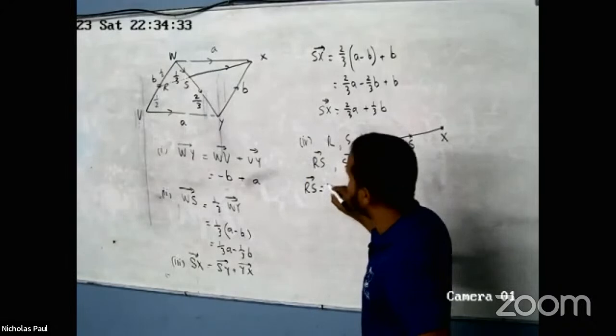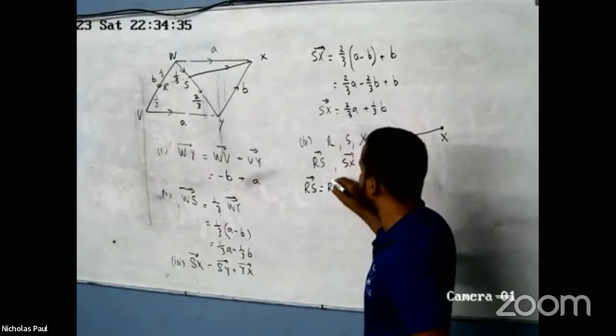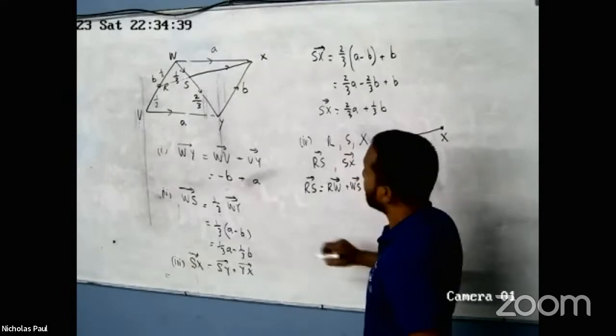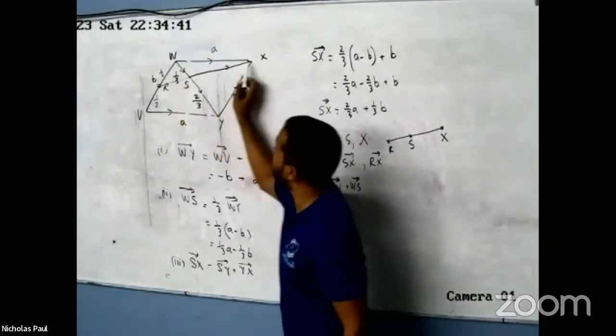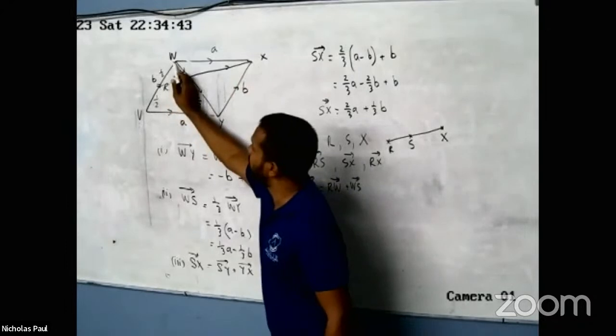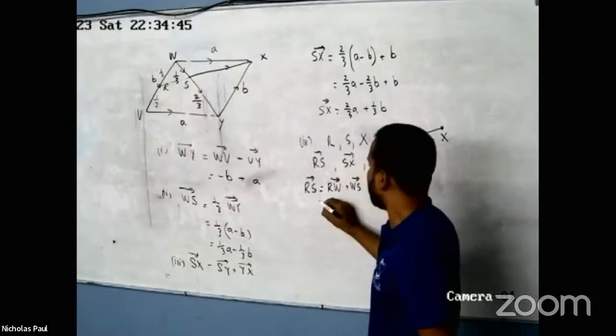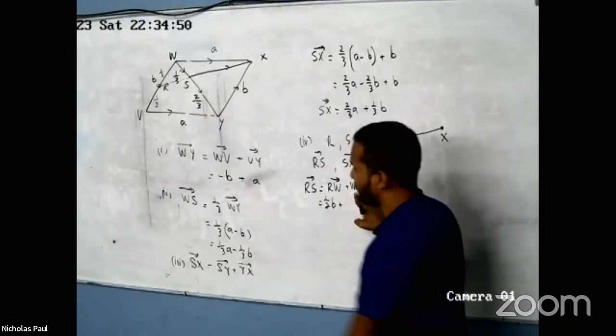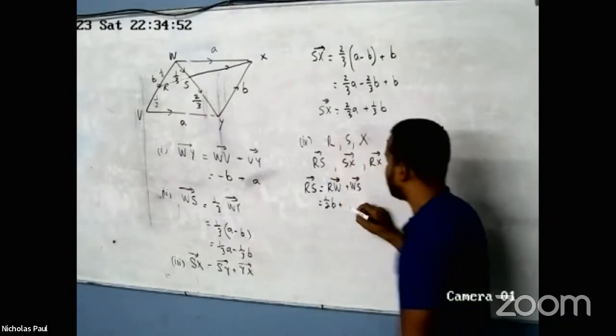So RS is R to W plus W to F. R to W is 1/2 B. W to S, we found it already, which is right here.